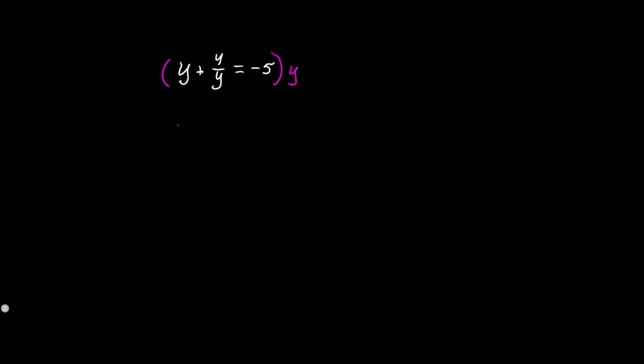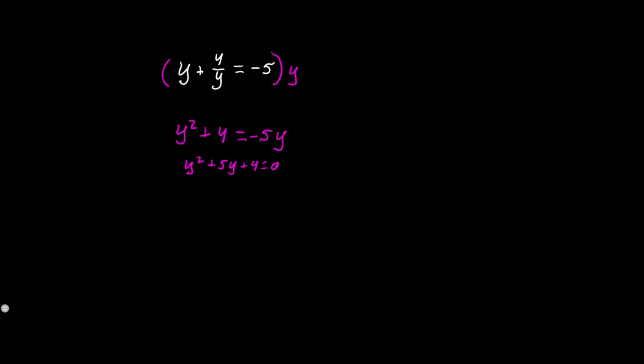So now we get y squared plus 4, and that is equal to -5y. Moving -5y to the right-hand side, we get y squared plus 5y, since we are adding 5y to both sides, plus 4, and that equals 0.